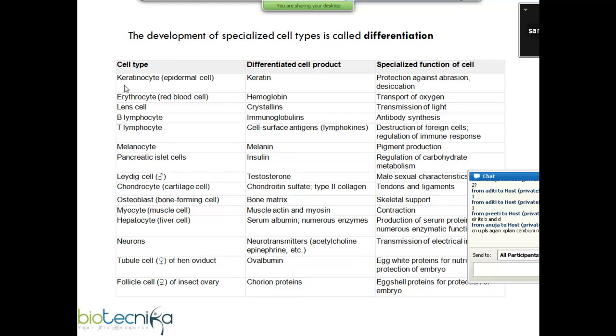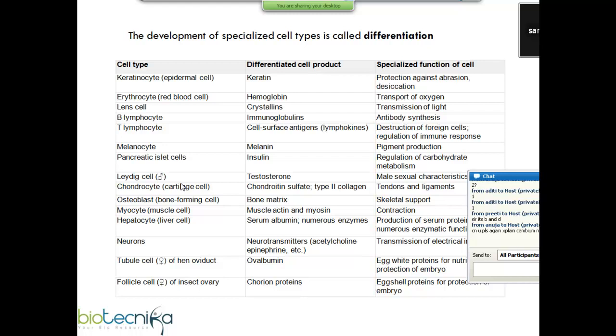This is how each and every cell type is differentiated. This is called differentiation, right? And we are saying that mesoderm is producing these. This is what happens during gastrulation. Each and every cell will first be specified and then differentiate. Without specification, how can it differentiate?